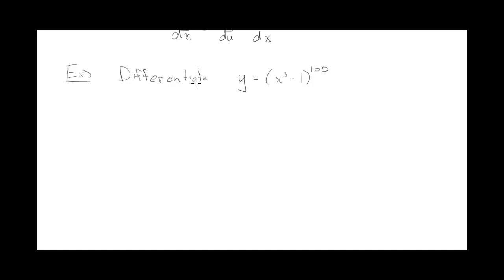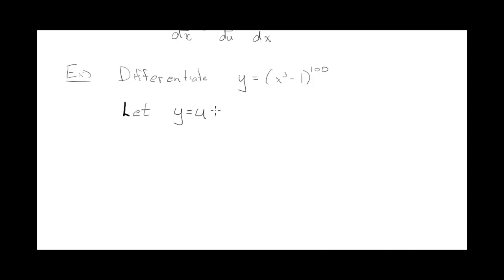Okay, so here's our example. We want to differentiate y equals (x cubed minus 1) all to the power of 100. So here's a composite function, right? The inside function is this cubic thing, and the outside function is the power of 100. So what I'm going to do is write it differently, just so you can see different variables to make the idea of it being a composite more explicit.